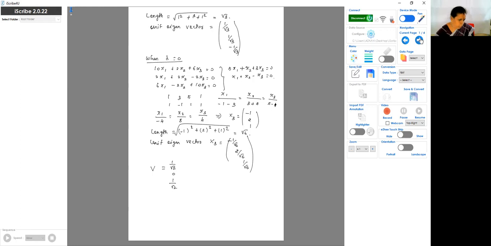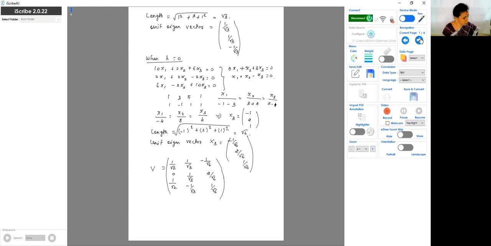The second column is 1 by √3, 1 by √3, minus 1 by √3. The third column is -1 by √6, 2 by √6, 1 by √6. Okay, so this is our V matrix. So still we completed only half the part. We have to proceed further.